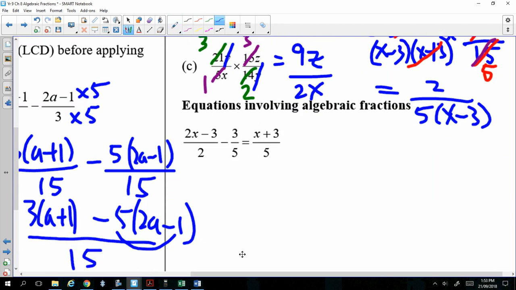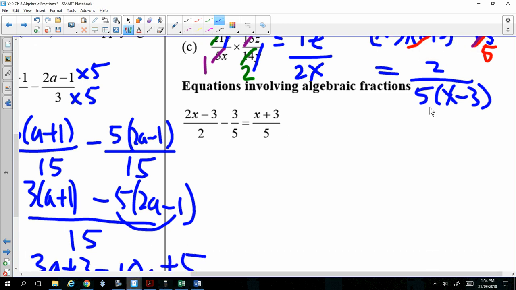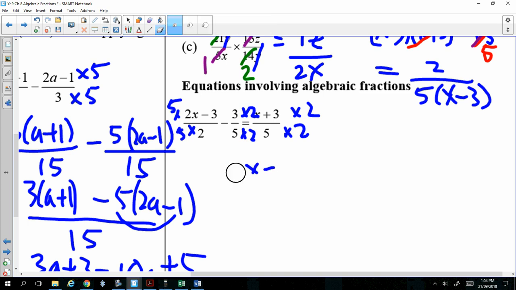Equations involving algebraic fractions. So you make a common denominator, multiply by 2, multiply this by 5. So you get 5 multiply 2x minus 3 over 10.